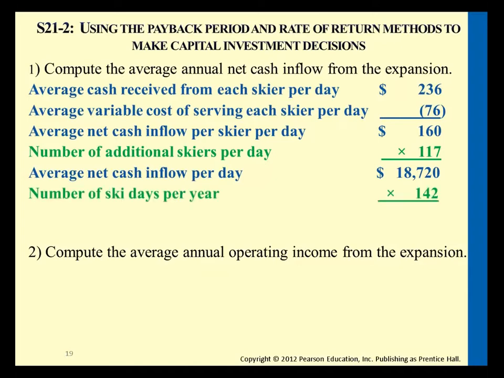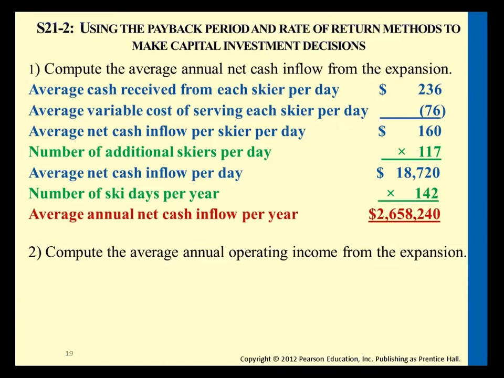Okay, so right now we also know that it's 142 days per year that we're making that additional amount, right? So we multiply 18,720 by 142, and we get this average annual net cash inflow per year of 2,658,240.